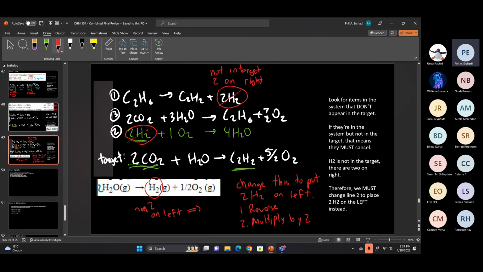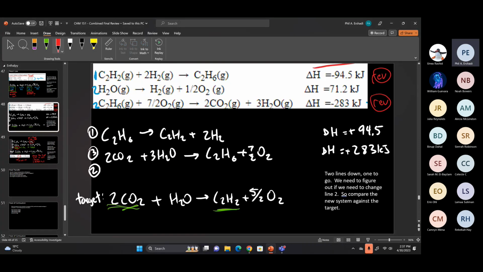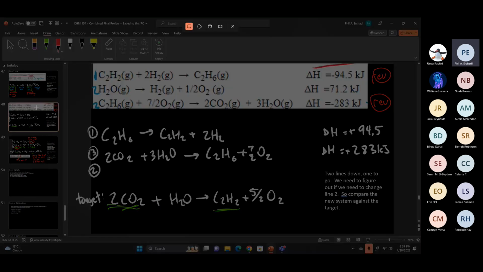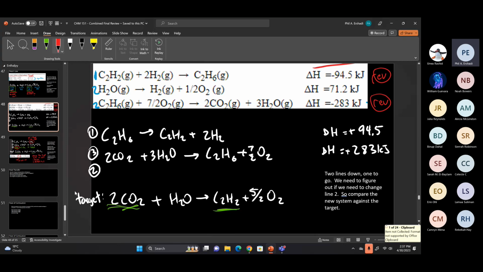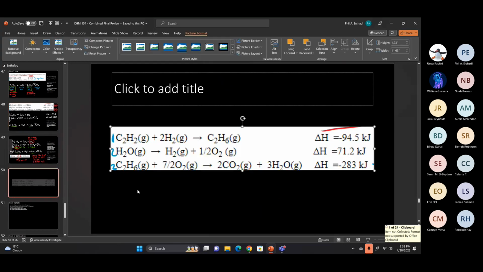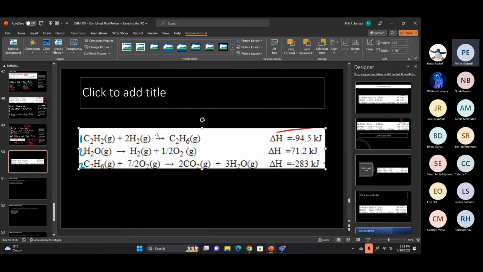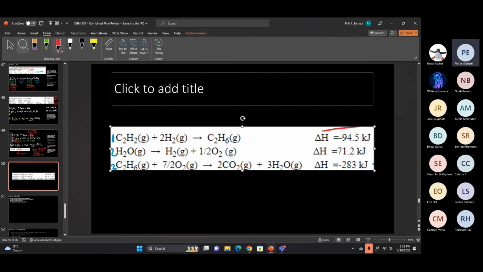So we're going to now make a note of everything we did to the system. Again, I'm going to copy this down, and we're going to write down the decisions we made. For line 1, we reversed it.